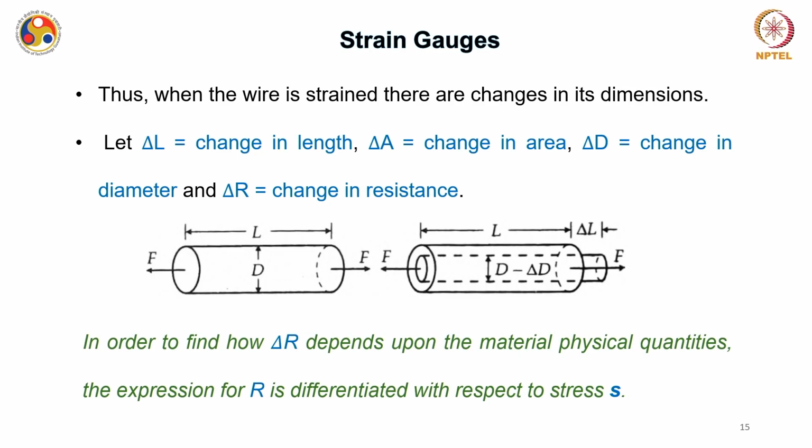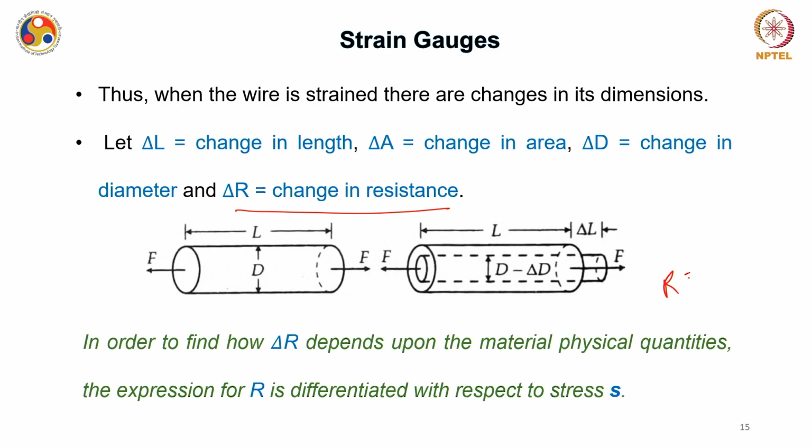In order to find how this change in resistance del R depends upon the material's physical quantities, the expression for R is differentiated with respect to stress S. And what was the expression for R?